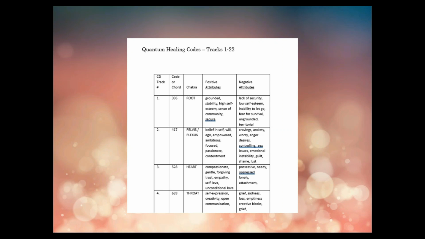Maybe you wake up in the morning and you're just particularly anxious, or you're worried, or you're angry about something. Well, just listen to that note for a minute or 3 minutes and see if that doesn't help balance you. You could even just breathe in the positive feeling of being ambitious or focused, and having passion. And that applies to all of the codes.